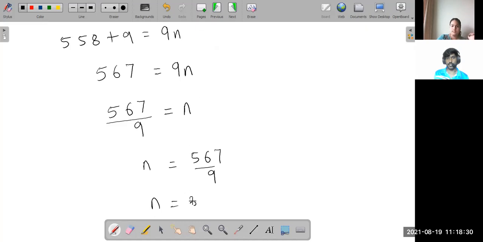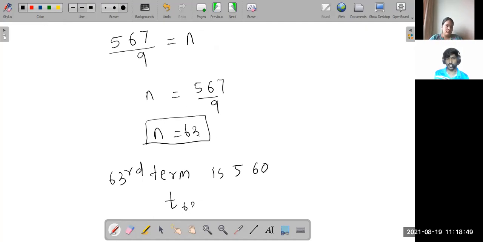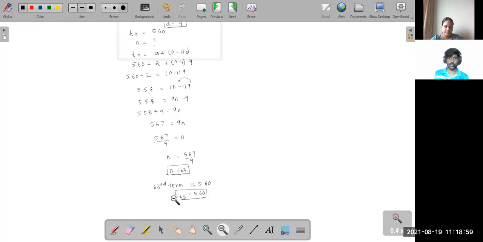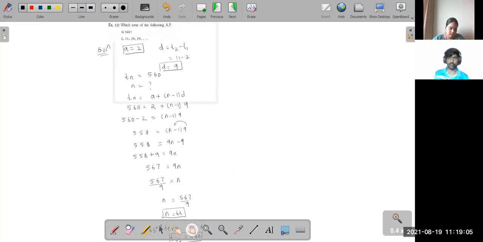So n is 63. That means the 63rd term is 560, or you can say T63 is equal to 560. Is this clear? Okay, I want you to write it down. Understand each step and write it.